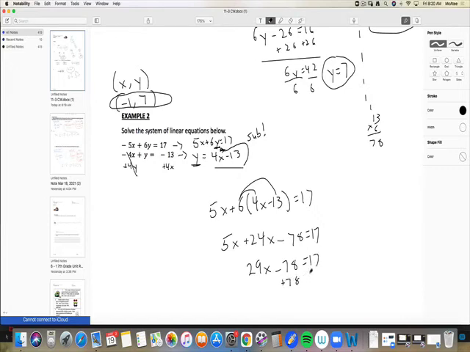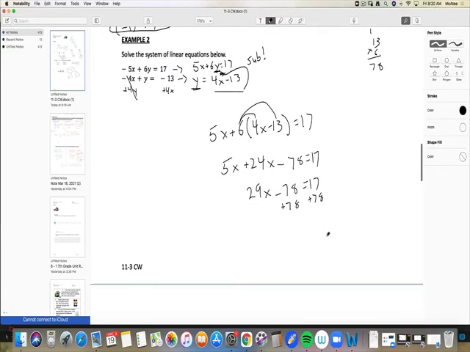Add 78. 29x equals 95. Oh boy. Is that gonna work?